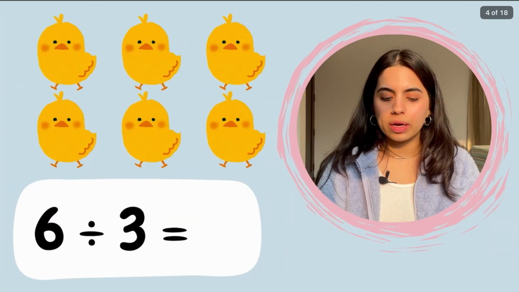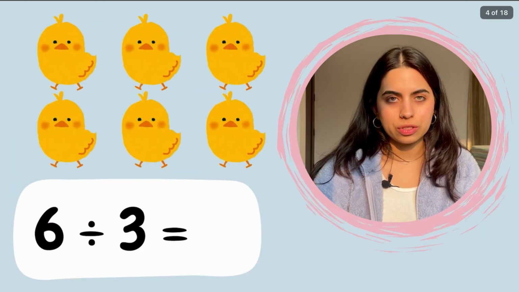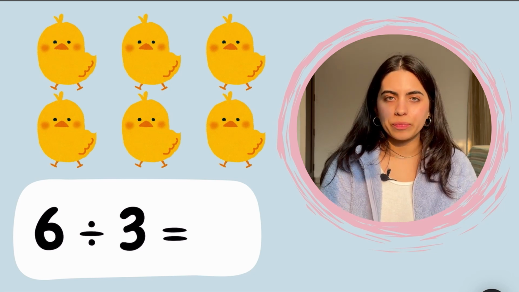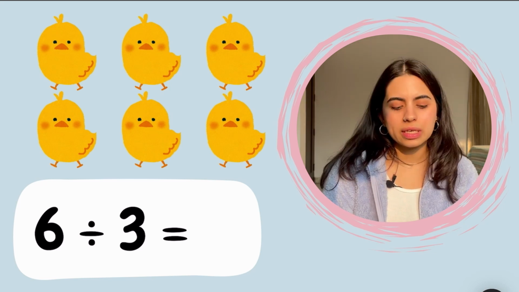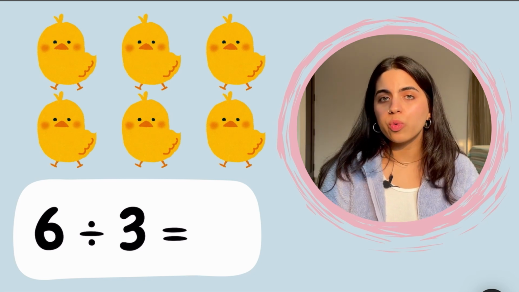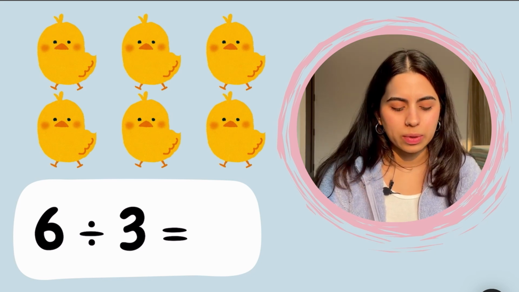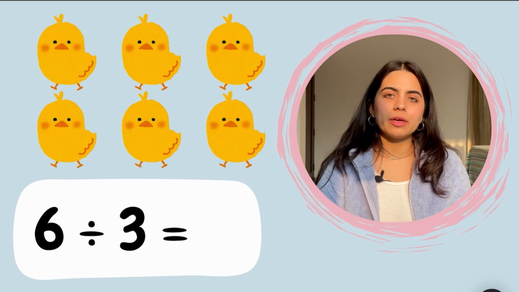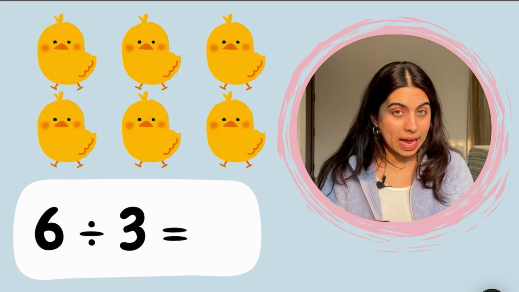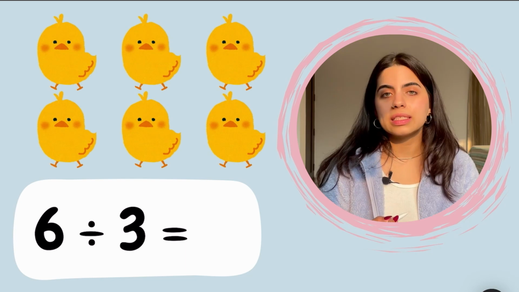Let's go on and solve a few more questions so that we know that we are able to do these kind of questions easily. So my question here is 6 divided by 3. You should know how do we say these questions as well. So 6 divided by 3. 6 is the number that we have to end. So dividend, 6 is our dividend.